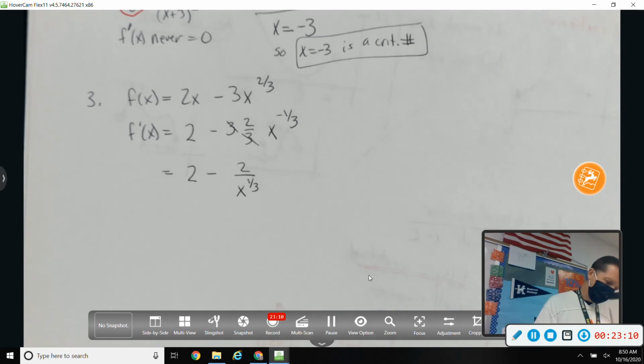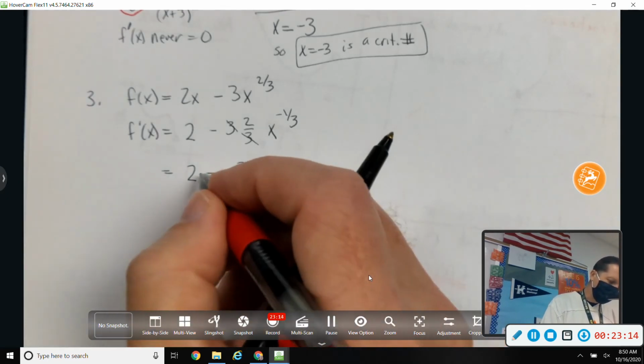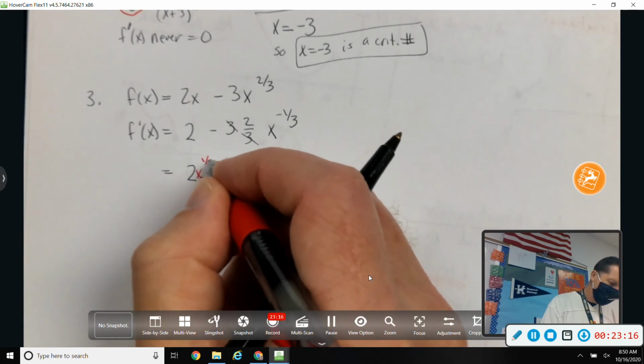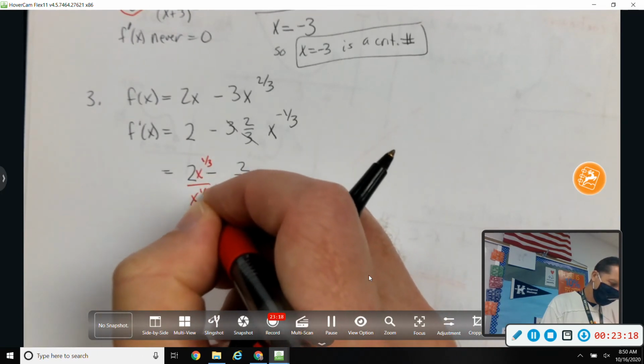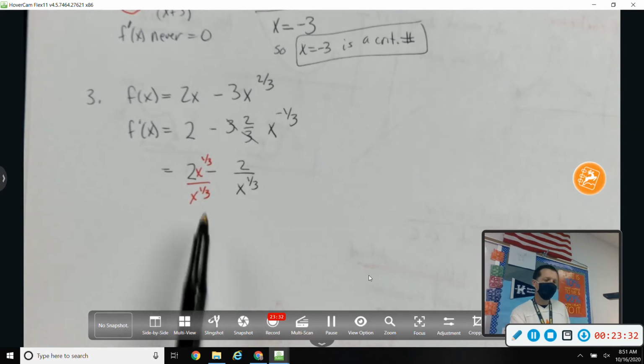And then if I really want to check where that's 0, I'll need to get a common denominator. That was a key step on one of the test questions yesterday, one of those e to the x ones. You took a derivative, but your derivative didn't match your answer choices because you needed to get a common denominator.